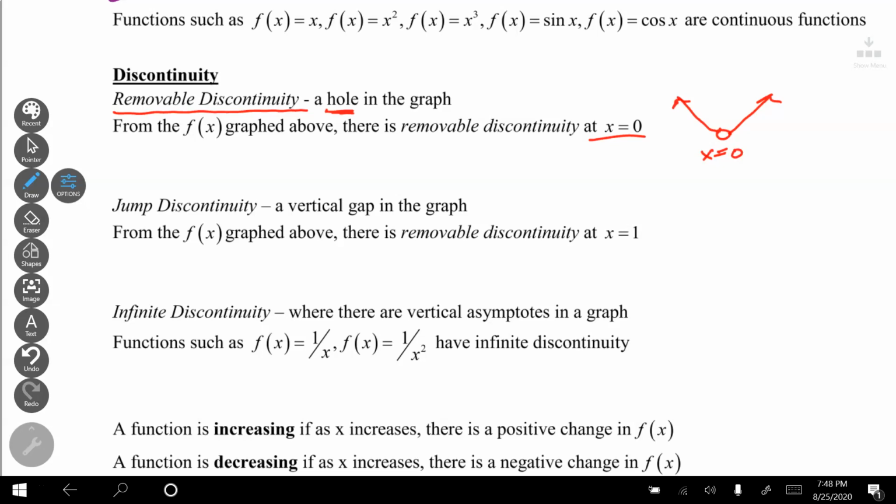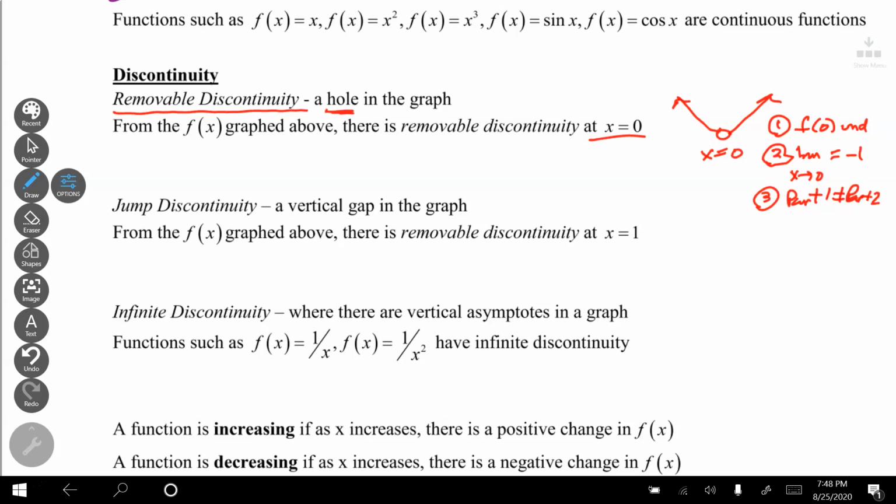This is called removable because if all you did was take your pencil or marker and put a dot right there, it would now be continuous. It's very easy to just put in a solid dot to make it continuous. But using the 3 steps, step 1, f of 0 is undefined. Step 2, the limit as x approaches 0 was equal to -1. And step 3, part 1 does not equal part 2, so it's obviously not continuous.